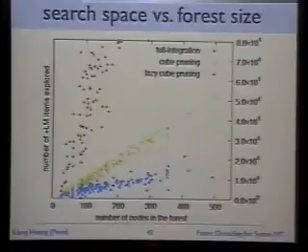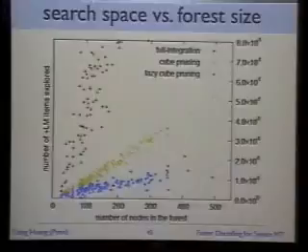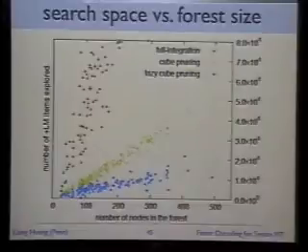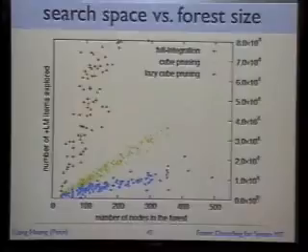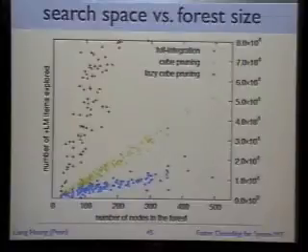Full integration is very high, and cube pruning is roughly linear, and lazy cube pruning is also linear or maybe even a little bit sublinear, but with a smaller slope, about half or more than half the slope of cube pruning. So basically they are much faster than full integration here.